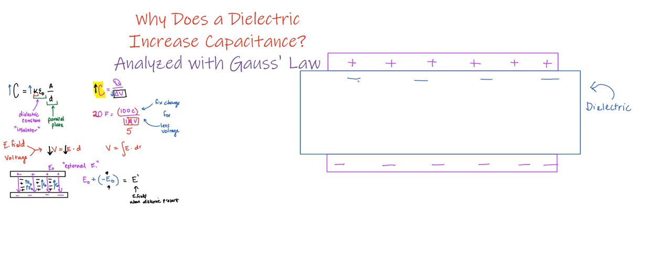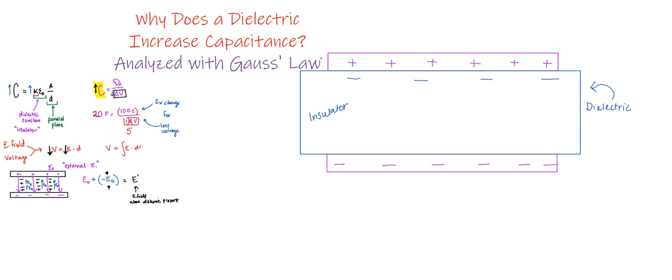So I'd have some negative charge that would polarize here. Now, it's not necessarily going to be the same exact amount of polarization as on the conducting plate, because remember, this dielectric is an insulator, and so the polarization is occurring in local areas rather than over the entire dielectric itself.